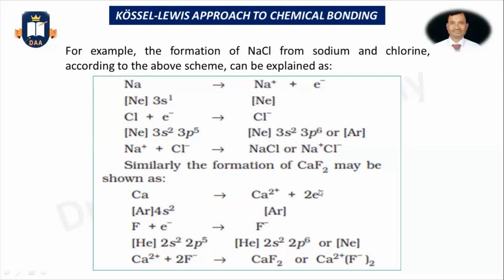These 2 electrons will be accepted by 2 fluorine atoms. Each fluorine will take 1 electron to get the fluoride anionic structure, and this electronic configuration for the fluoride anion is like neon's. So finally Ca2+ and 2F-, it will form CaF2.